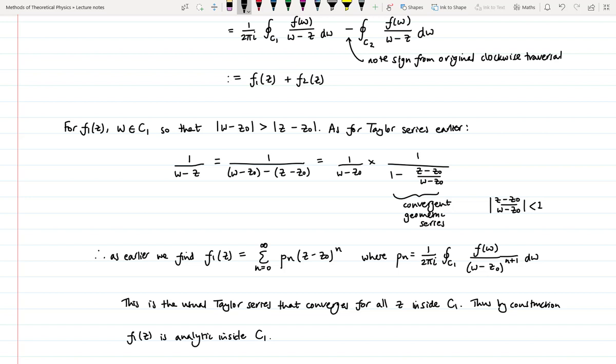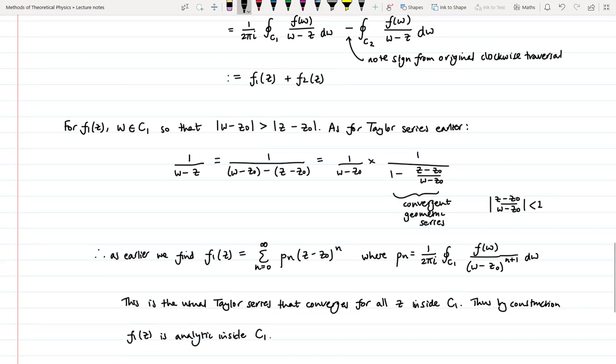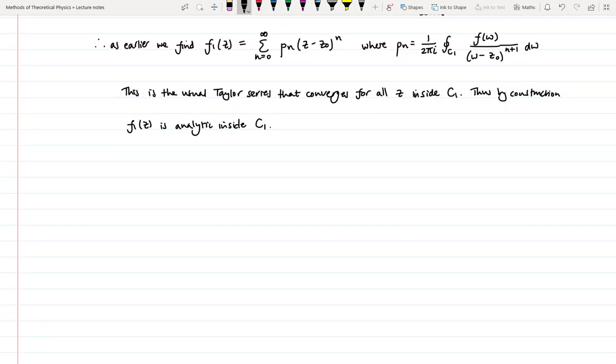Let's now look at the other term that we're interested in, f2 of z, which is the second term at the top of the page. Now let's look at f2 of z, which is given by 1 over 2 pi i, the integral along C2, and I'm going to take the minus sign inside the integrand.